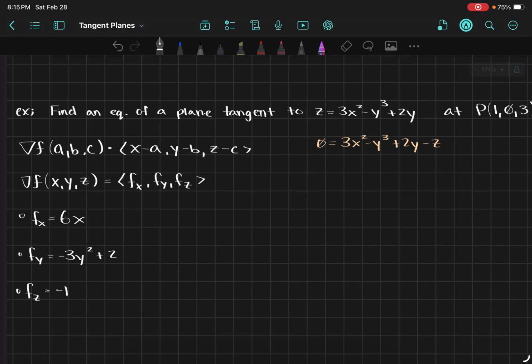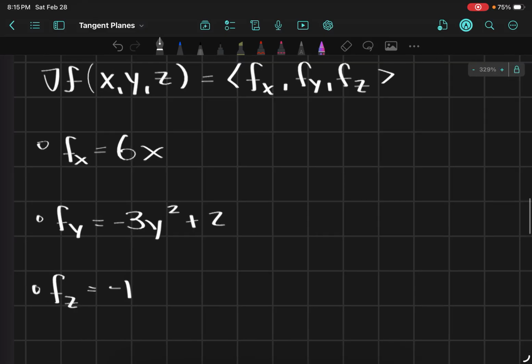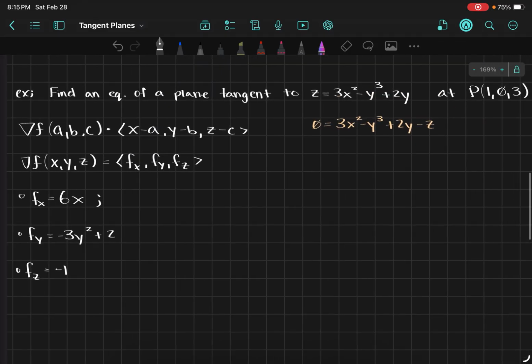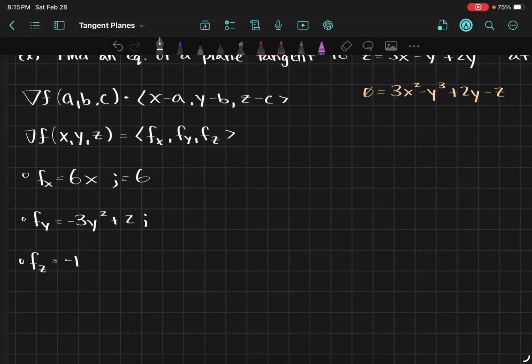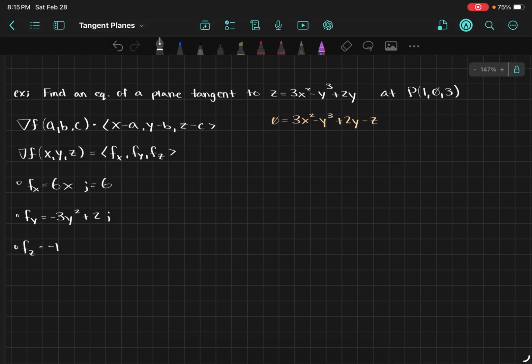Our point was (1, 0, 3), so let's plug it in. For our partial of x, we plug in 1. 6 times 1 is just going to equal 6. Same thing with our y. This is going to be negative 3 times 0, that's 0, plus 2, which is 2.